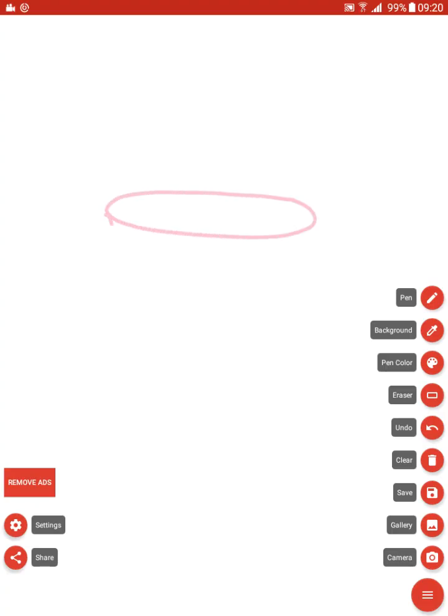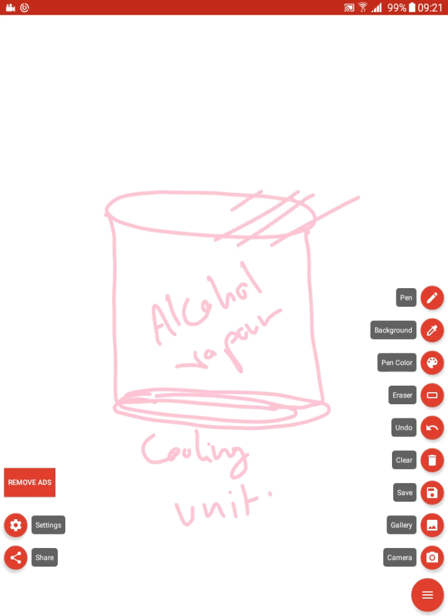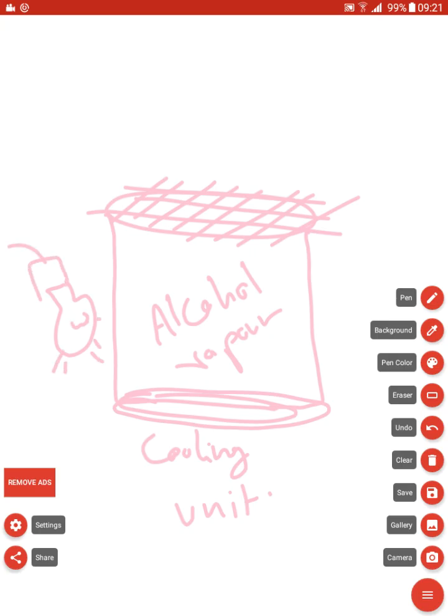It is a glass bottle like this, and we have a cooling unit down, and inside we have alcohol vapor, and in the upper part we put a cloth with alcohol, and we put a light here, and we make this experiment in a dark room.